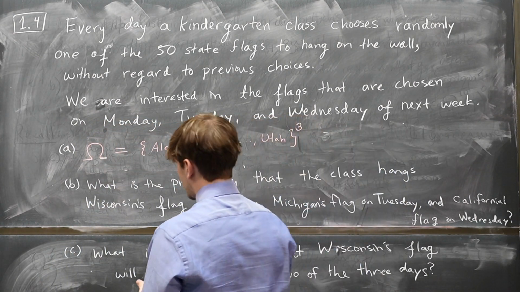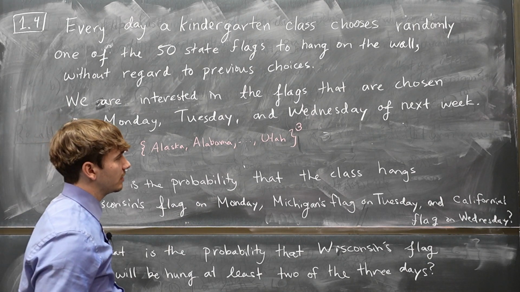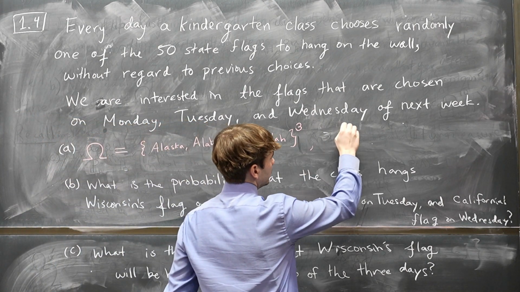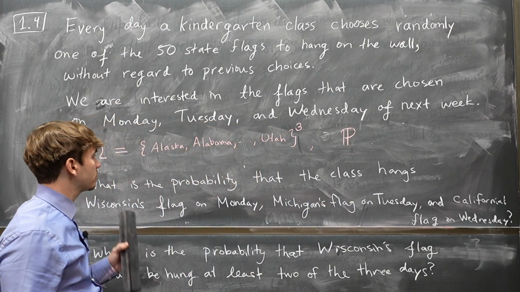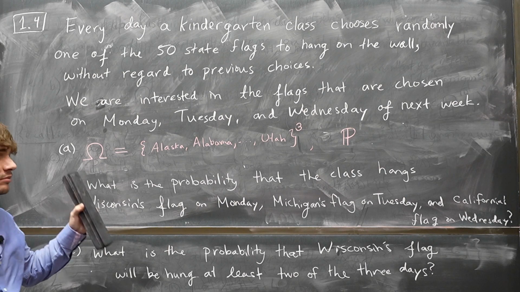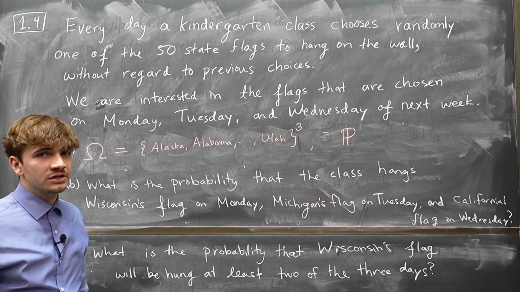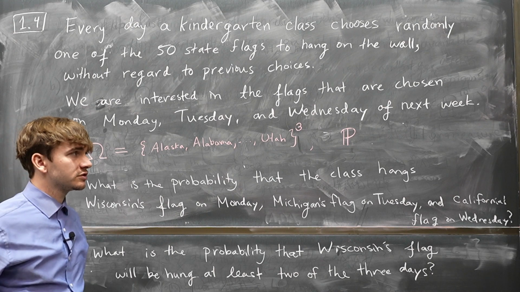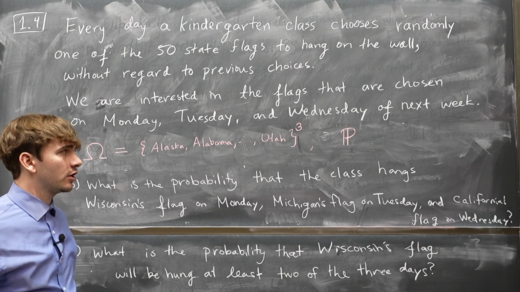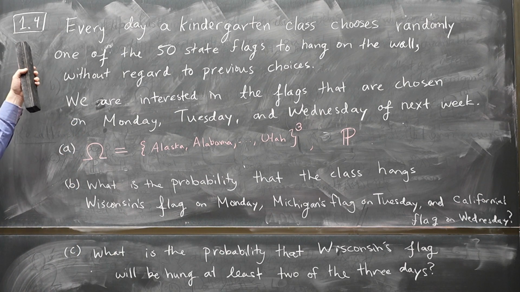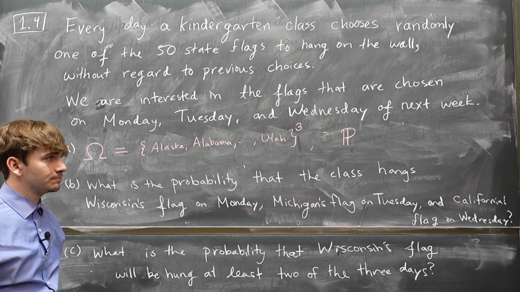Okay? And now, to assign my probability measure, P, recall that the probability measure is a function from the power set of omega to the real numbers, which satisfies 3 specific axioms. And if you want to review those axioms, go back to a few videos ago, exercise 1.1, where those axioms were stated explicitly.